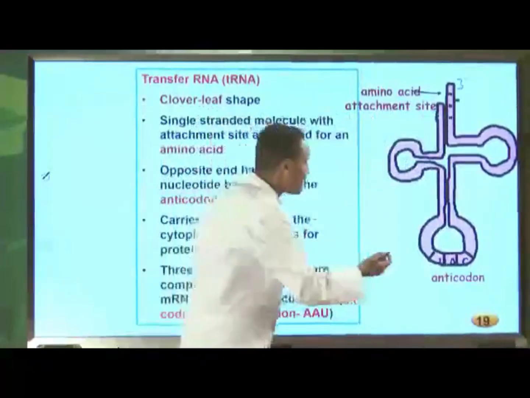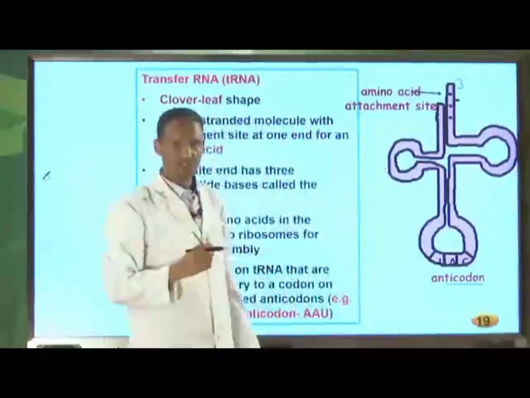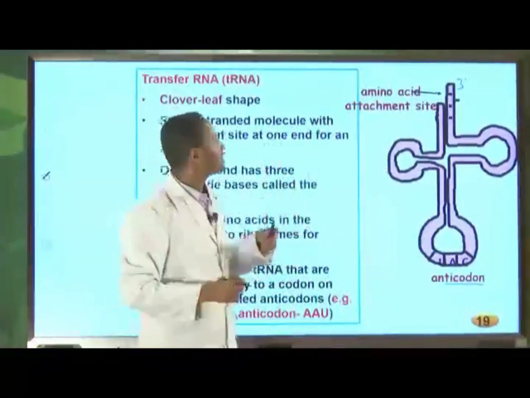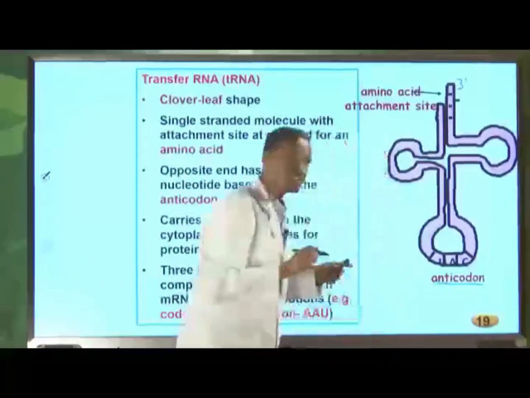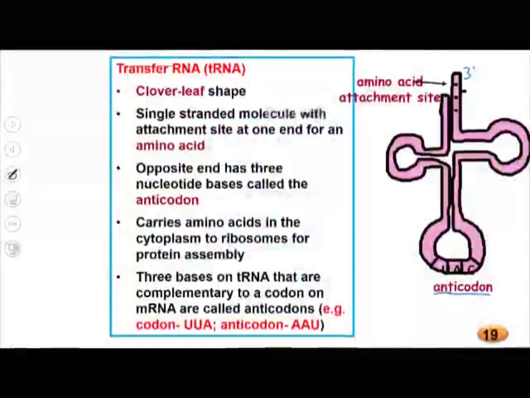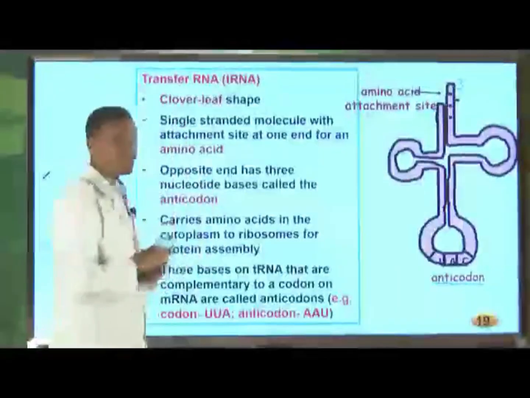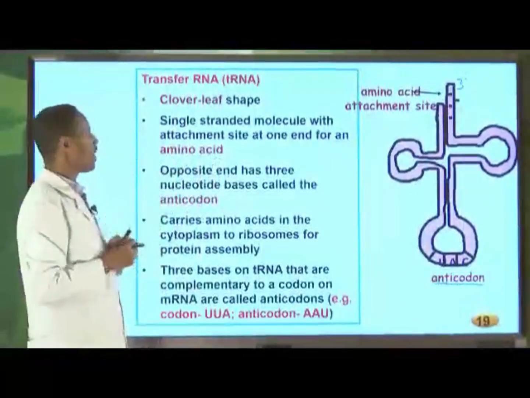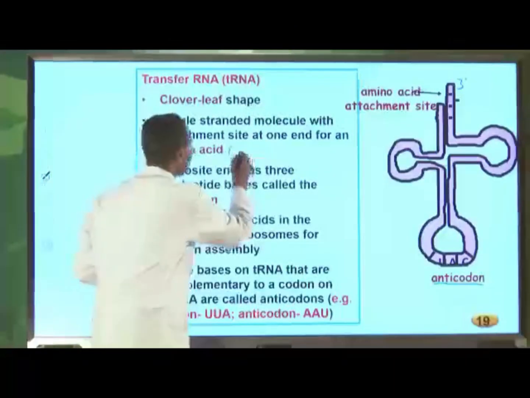But at the opposite side, it has the anticodon. In messenger RNA, there is a codon, but in transfer RNA, there is an anticodon. This anticodon is complementary to the codon on messenger RNA. The transfer RNA is a single-strand molecule with an attachment site at one end for the amino acid, that is, the 3' end.